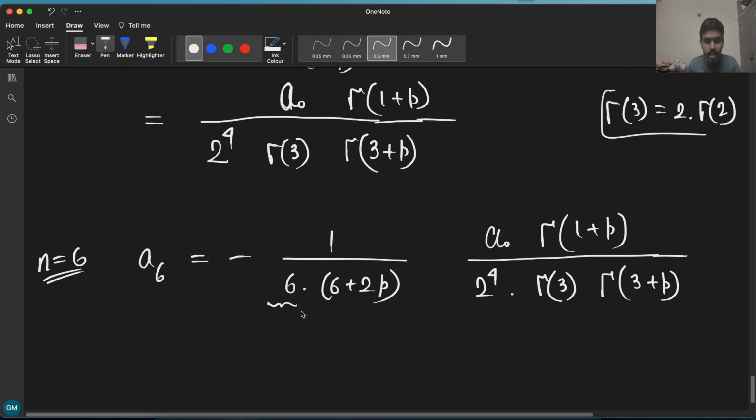Now this 6 I can write as 2 times 3, and this I can write as 2 times 3 plus p.